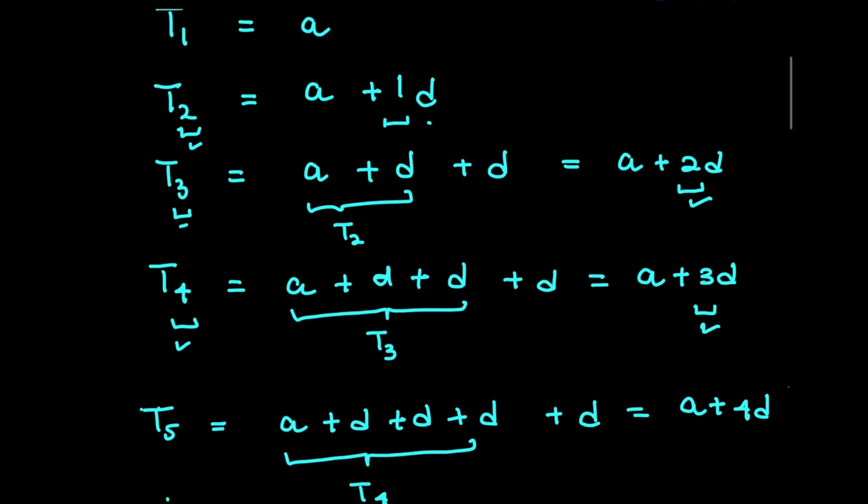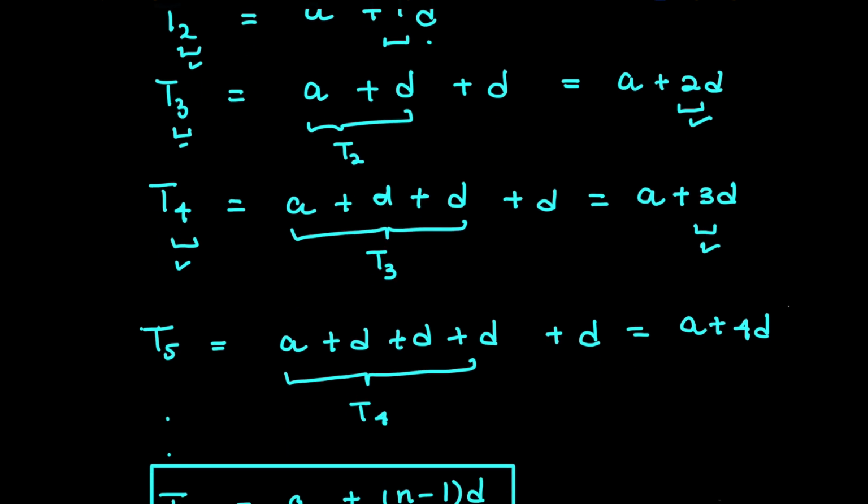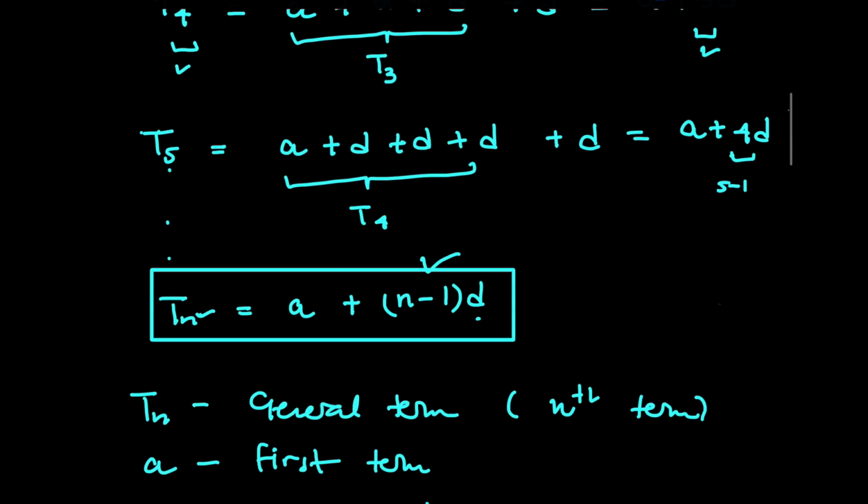As we did here, the first term, the second term, the third term, and then we recognized that if you want to find T5, what is multiplying d is 5 minus 1. So the general term is going to be n minus 1 times d. Whatever is multiplying d is this n minus 1. That's how we got to this.